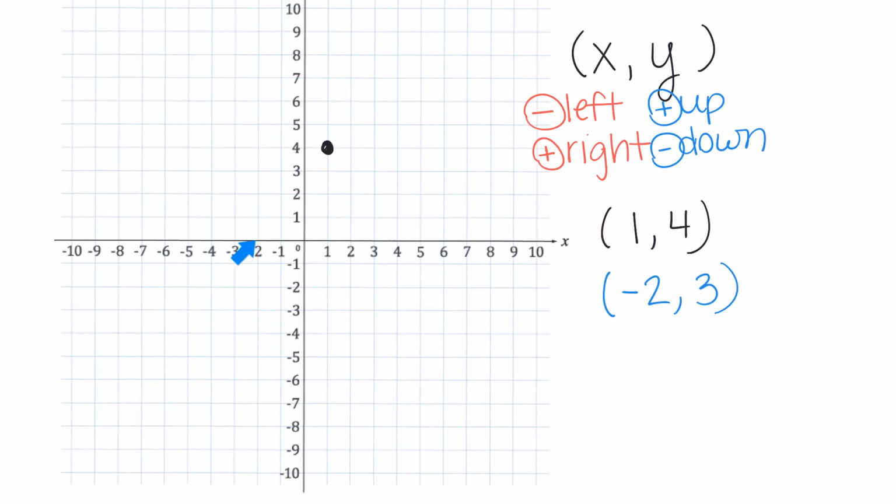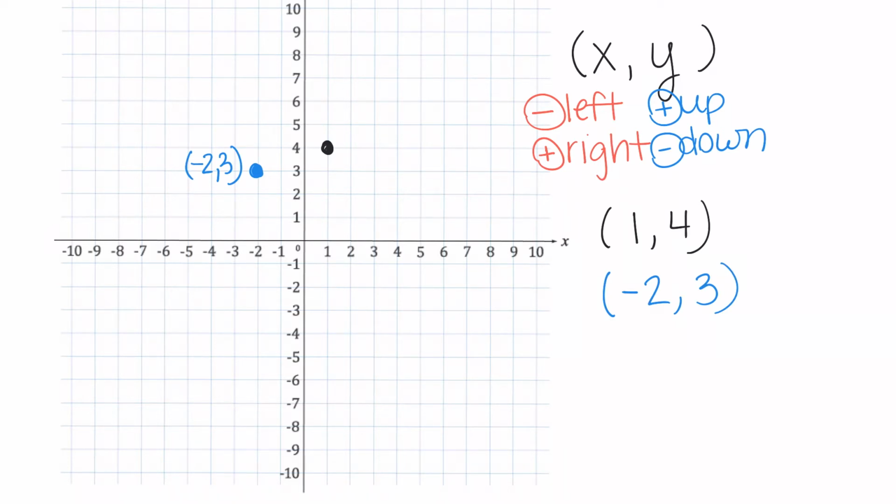Now I'm going to go up to 3, and I see it right here, and I'm going to plot my point right there at (-2, 3). You always have to put a comma in between so you know where you're talking about. You also need to make sure you use rounded brackets and not square brackets or squiggly brackets or anything. They need to be the rounded brackets.